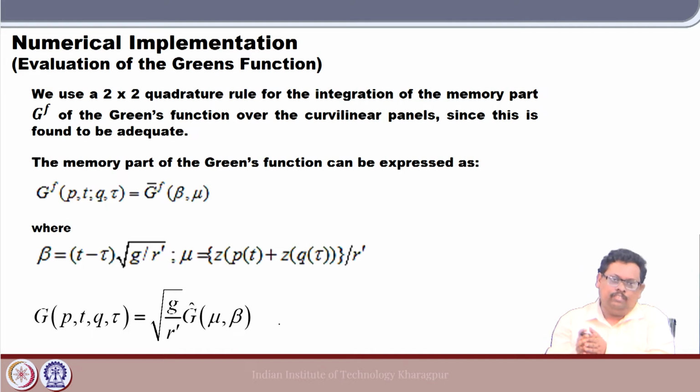Of course, I am going to tell you what the numerical scheme is, but in detail, in coding, we do not get the time to do the coding. But here I can promise you one thing, at the end I can provide you at least the MATLAB code for the evaluation of the free surface Green's function.